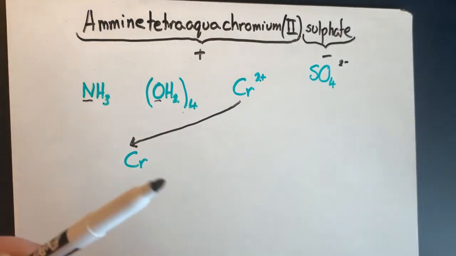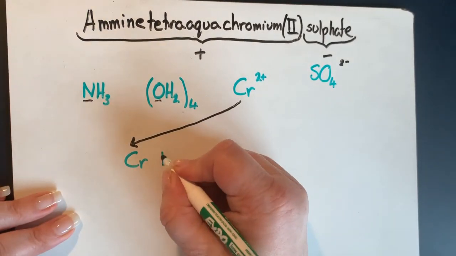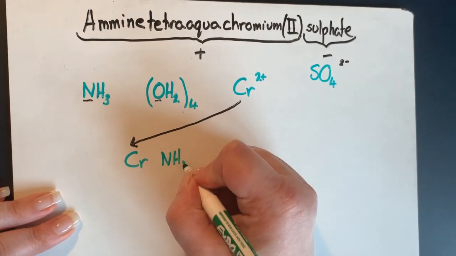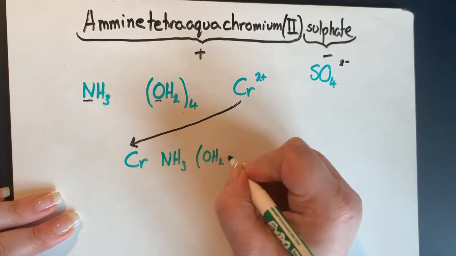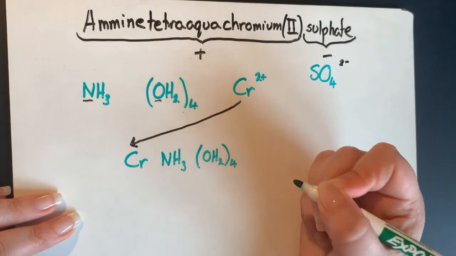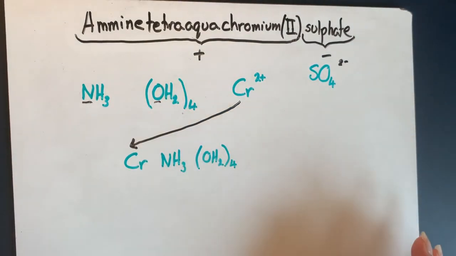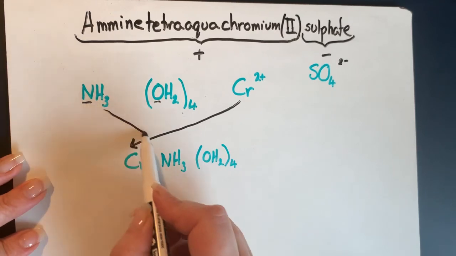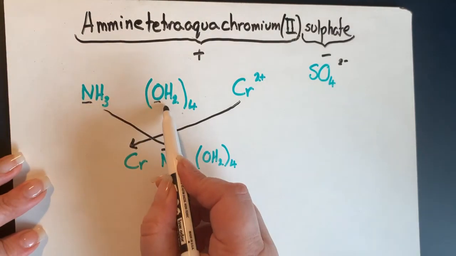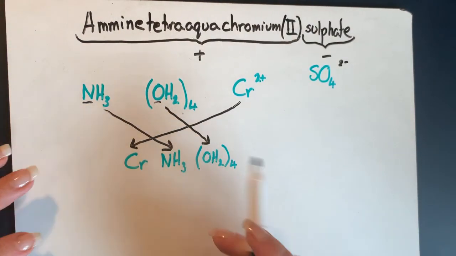So they're going in as NH3 and then OH2 4 times. So they're actually staying in the same order as the name was given.